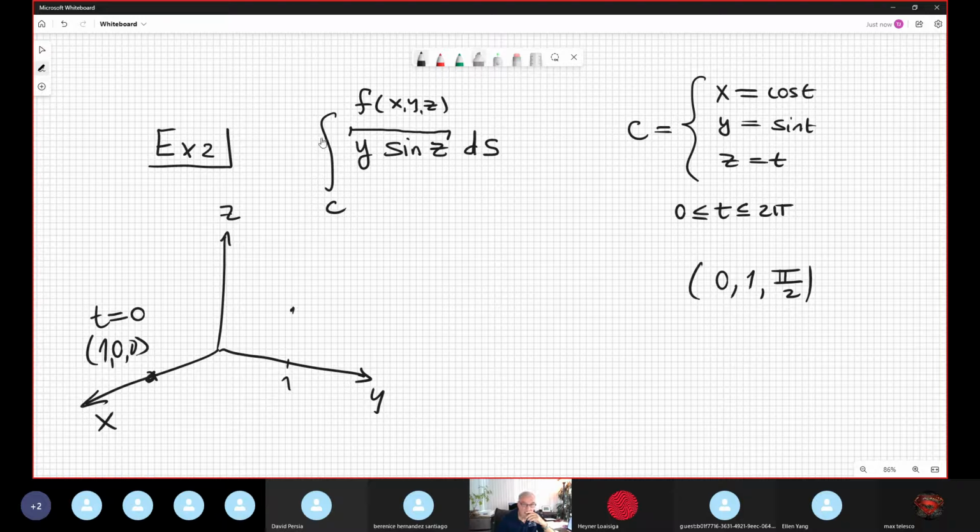So the helix looks something like that. It's a curve. I don't want to evaluate it, but you rotate several times. This is at t equals pi over 2, the point 0, 1, pi over 2.